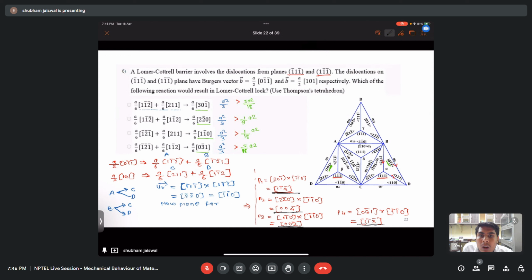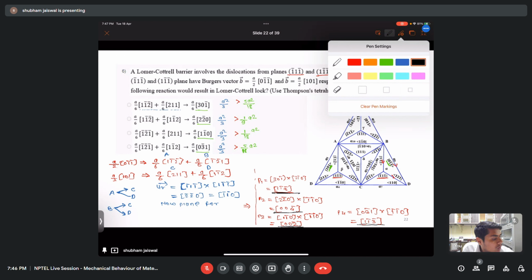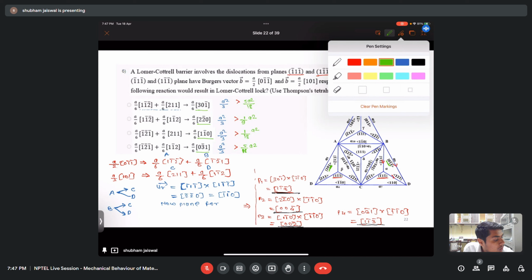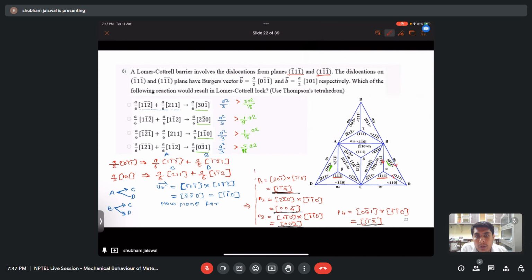So all these will form a Lomer-Cottrell lock. So it means all the options are correct here; all can form the Lomer-Cottrell lock. But if we see which is energetically favorable, the third option is the most energetically favorable. So that's why this is the correct answer.